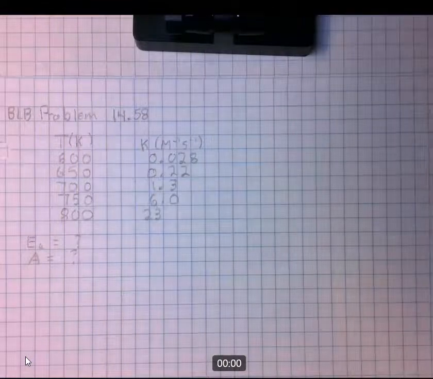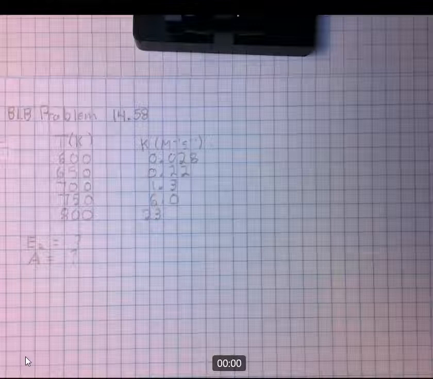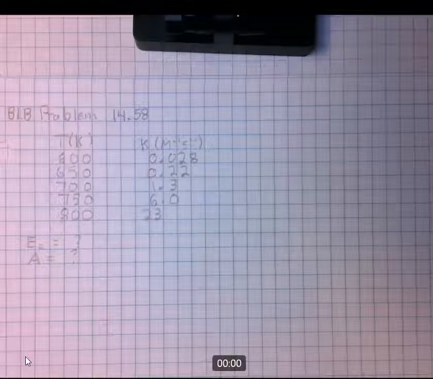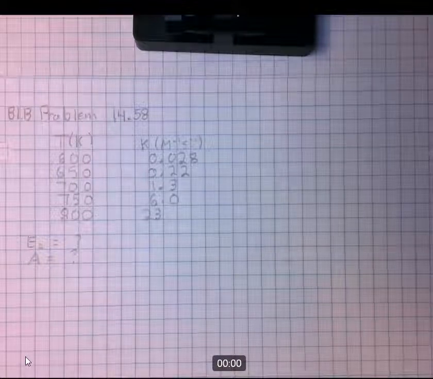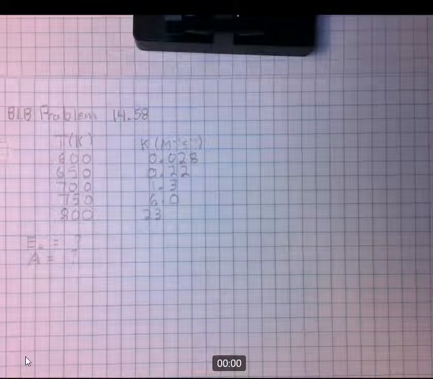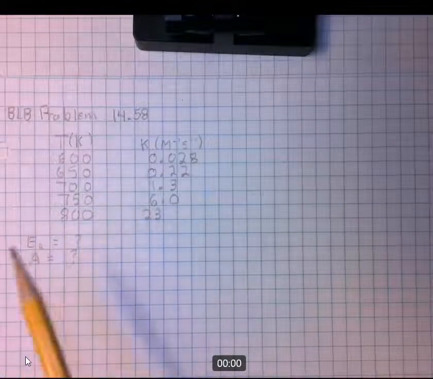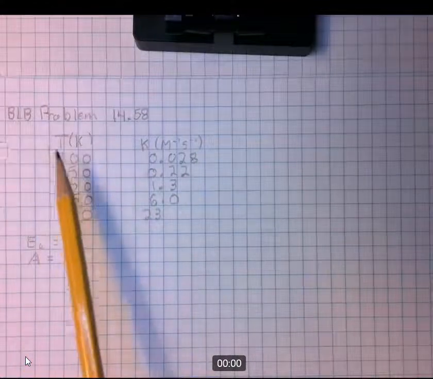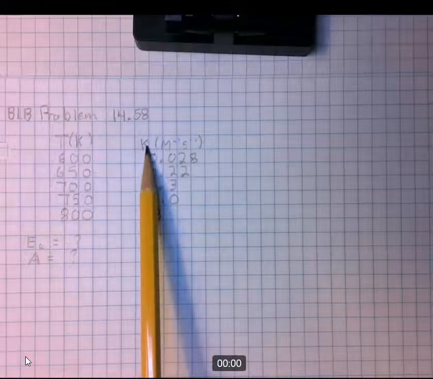Okay, so I've copied the data over to a piece of graph paper, and we're going to use graph paper. We're going to need to do some graphing. One of the things you want to look at when you're trying to determine how to approach this problem is what variables you're given, and what variables are being asked for. So we're given temperature and rate constant.